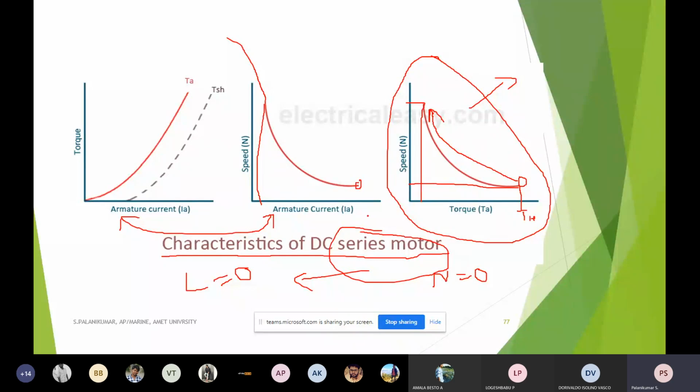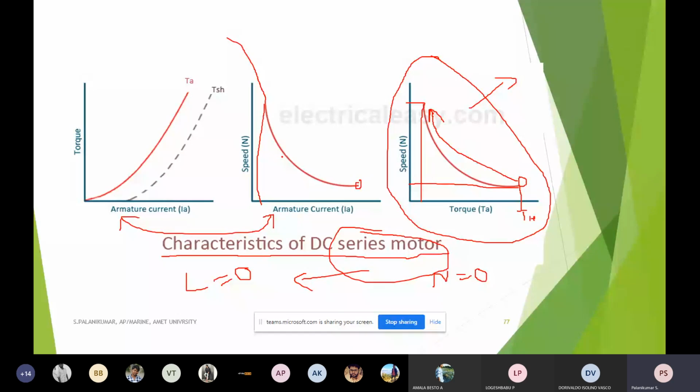The speed increases exponentially, double, triple, and keeps on running. Due to the centrifugal forces developed, the winding gets thrown away from the yoke and the complete motor is damaged.